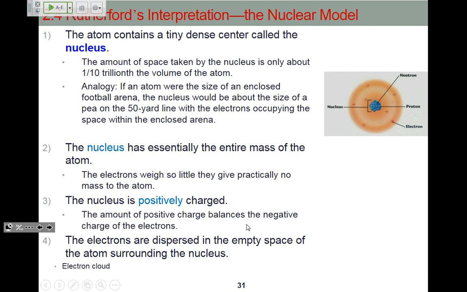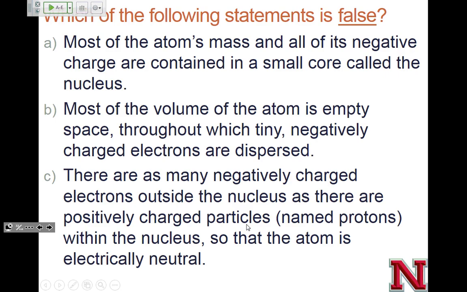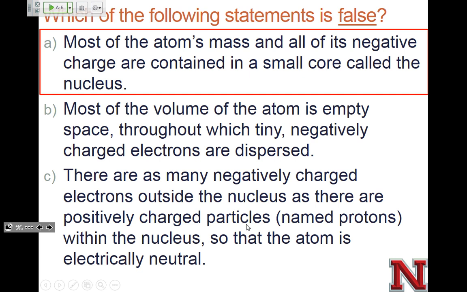And of course, the electrons are dispersed in empty space. And now we call that our electron cloud. But this is all based on experimentation. So here, based on this model, what we know is that it's false to say that the negative charge is in the nucleus. So that's false. But the other two are true. And still today, that's how we look at our model of our atom.